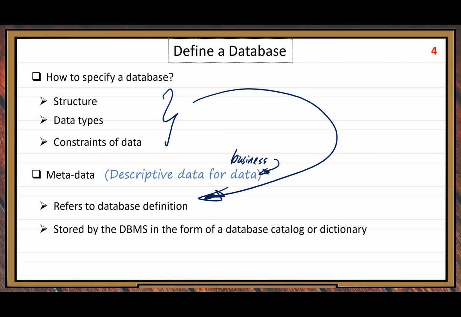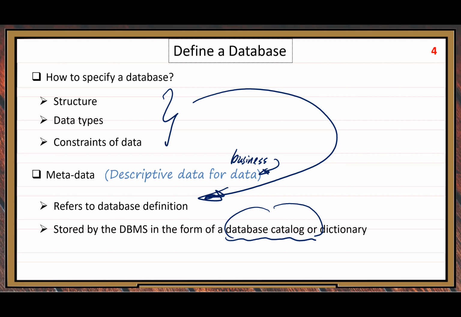Metadata is stored by the DBMS in the form of a database catalog. There is a concept called a database catalog, or dictionary. Inside the DBMS, there is one special part that stores all those database definitions.